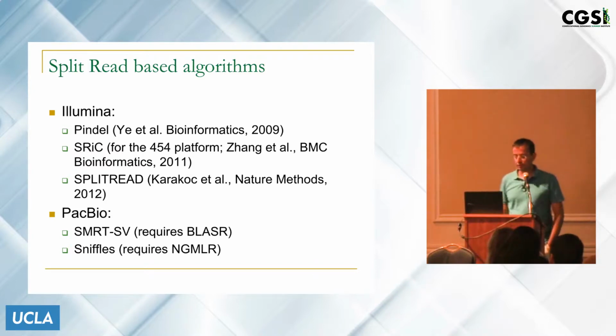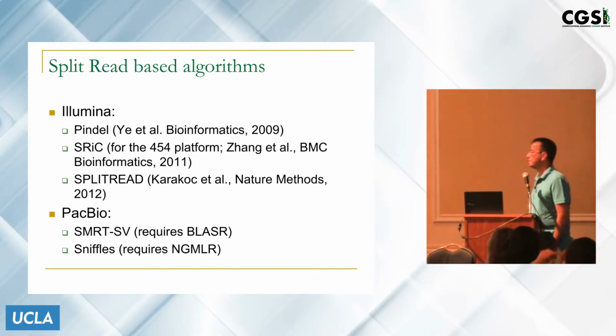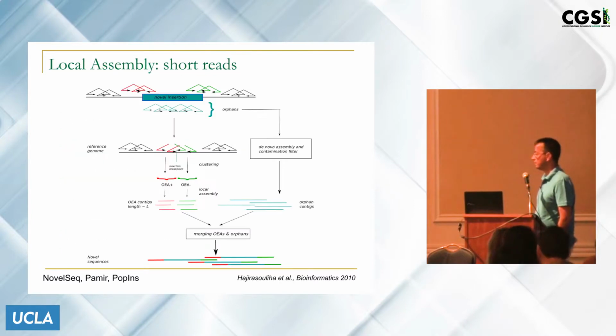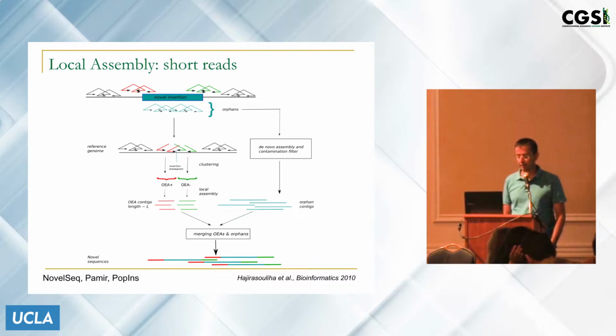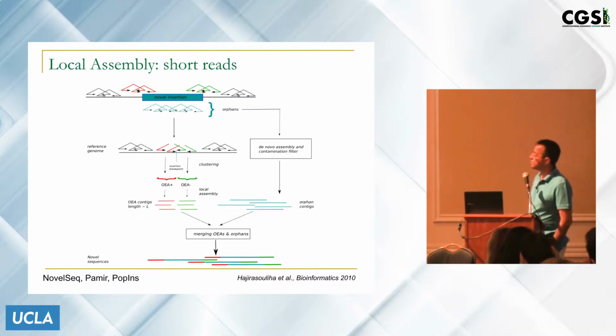So you can also do assembly. For short reads, we developed NovelSeq, and then we extended it into Pamir, and another group developed Popins, which all follow a similar strategy. Let's say we have a novel sequence insertion longer than the read pairs.